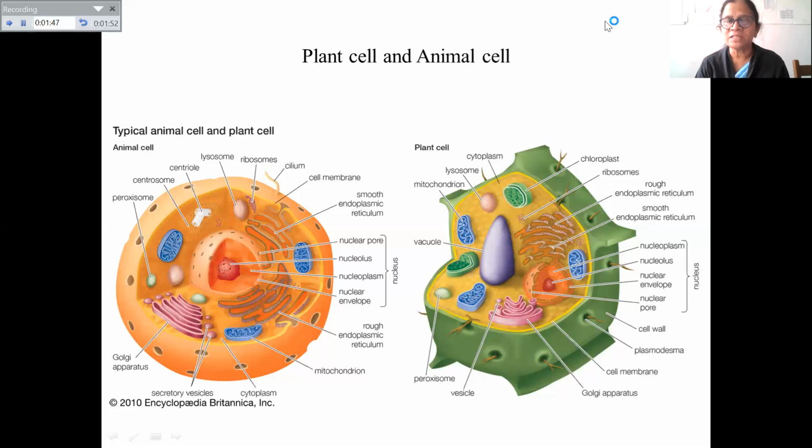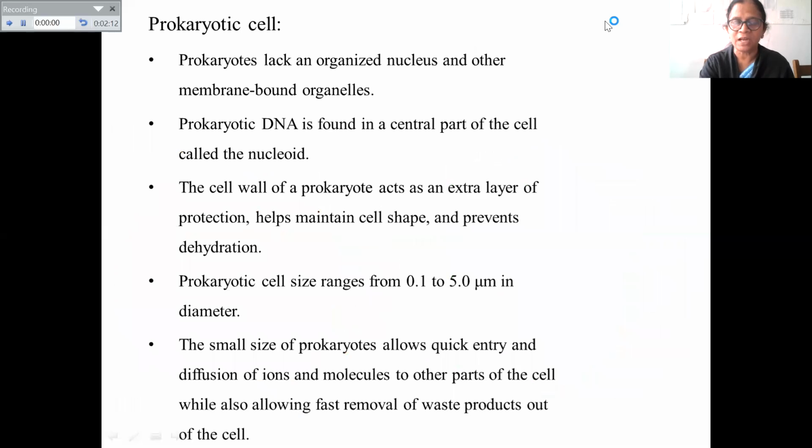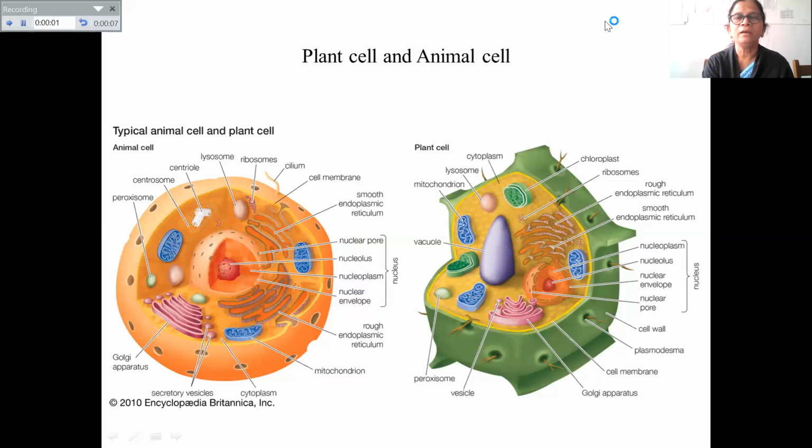In plant cell, plastids are present. In animal cell, plastids are absent. Then in plant cell, the Golgi apparatus is called dictyosome. In animal cell, the Golgi apparatus is present. So these are some basic differences between plant cell as well as animal cell. Okay, thank you.